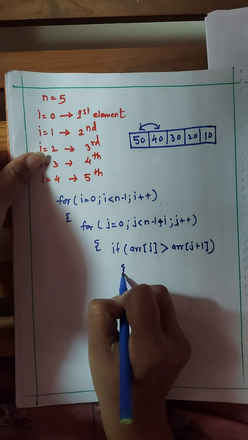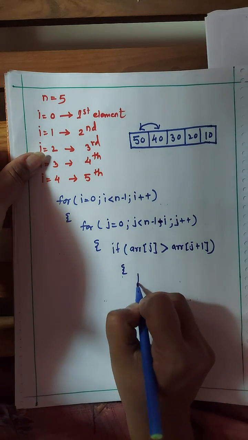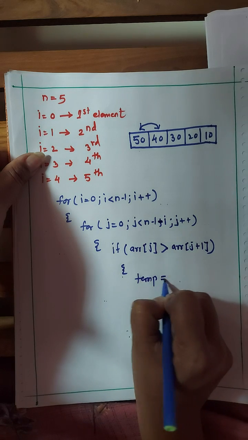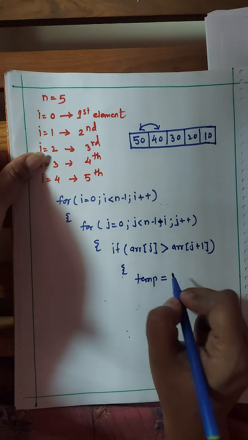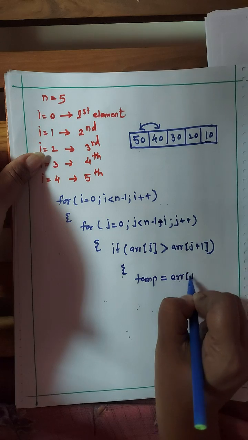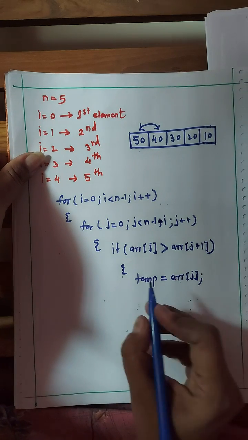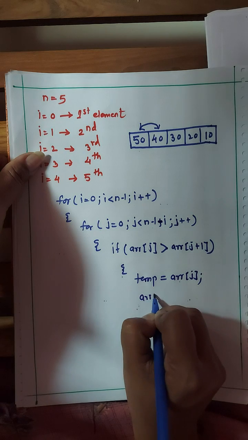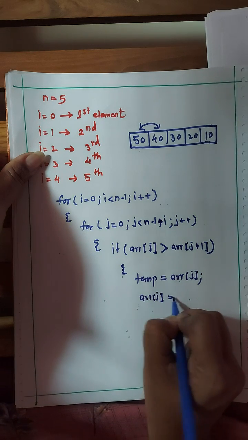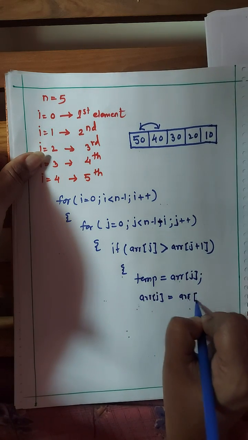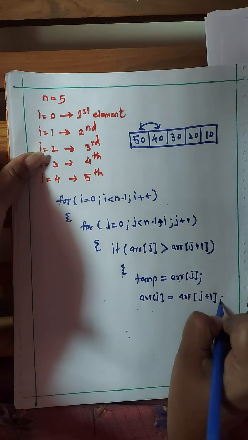So how to swap? We take a temp variable: temp equals ARR of j. We assign ARR of j to the temp variable. Now we assign ARR of j equal to ARR of j plus 1.